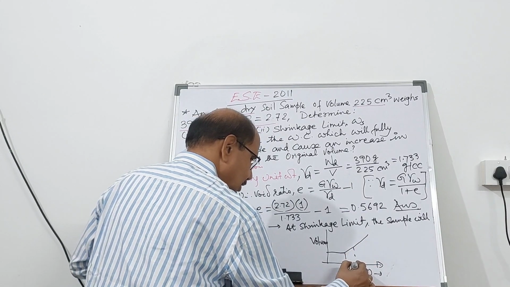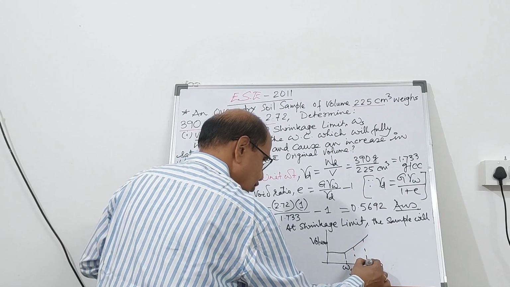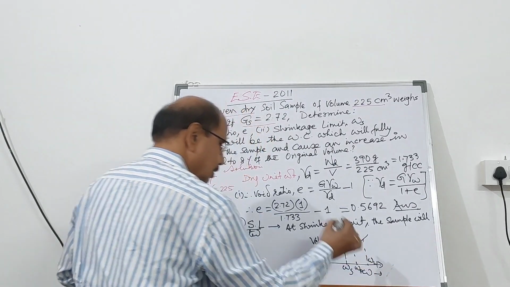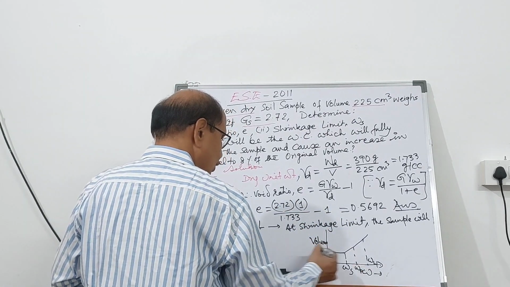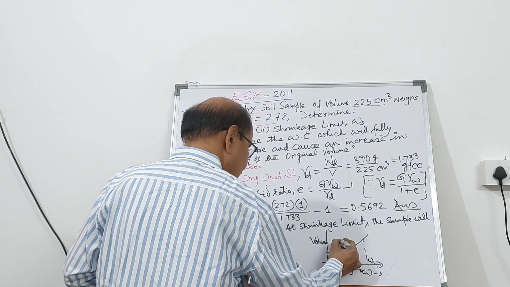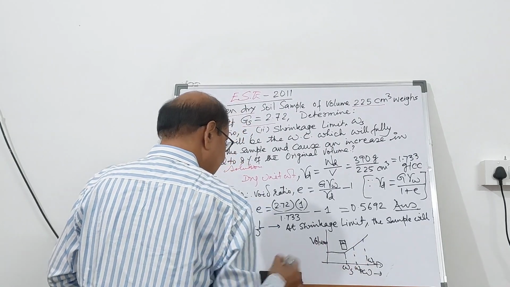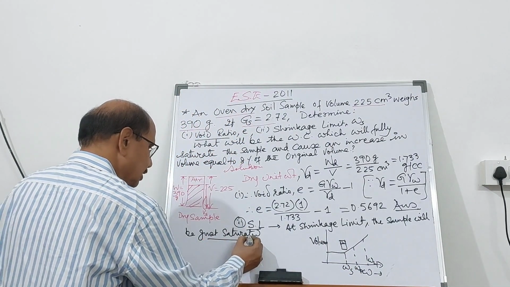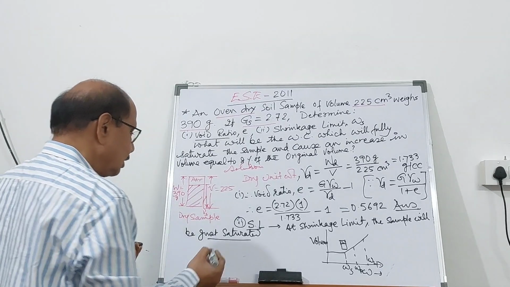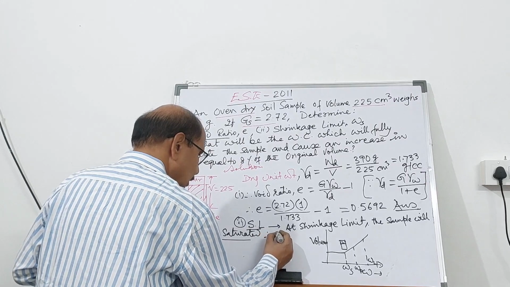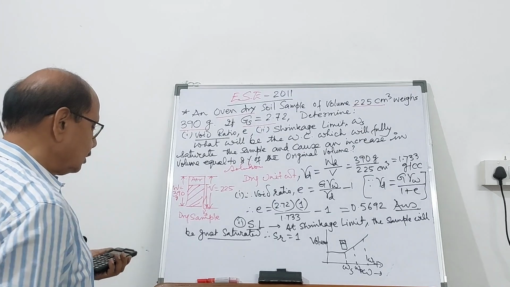Then somewhere here it is going to be the plastic limit, and the liquid limit like this. So the volume remains constant from the shrinkage limit, and the sample here is completely filled with water. It is fully saturated. Therefore the degree of saturation Sr will be 100%, that is 1.